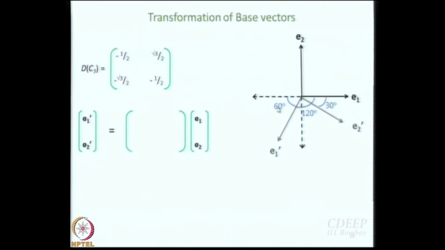So if this side is 1, then this side will be half, and since it is along minus E1, it will be minus half, and similarly this will be, by Pythagoras theorem, root 3 by 2, right. So E1 dashed is equal to minus half E1 minus root 3 by 2 E2, correct.